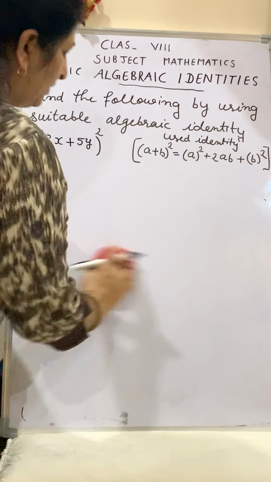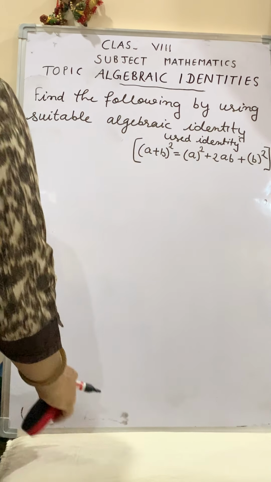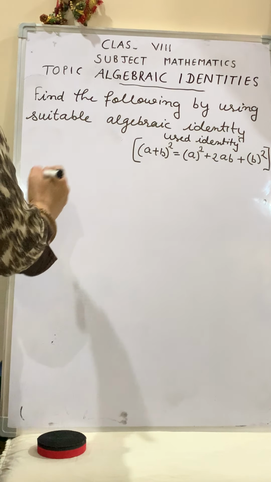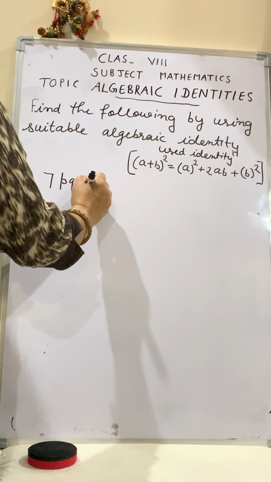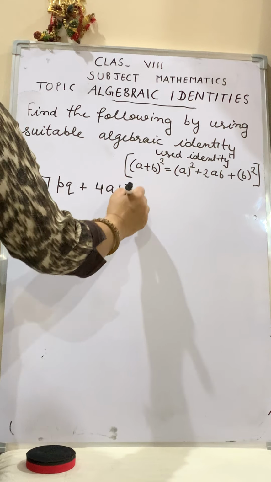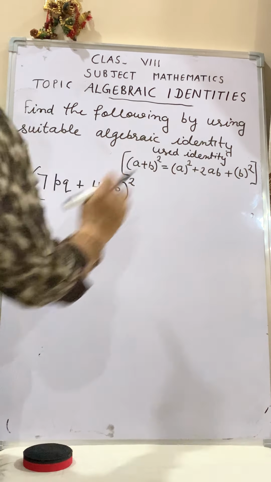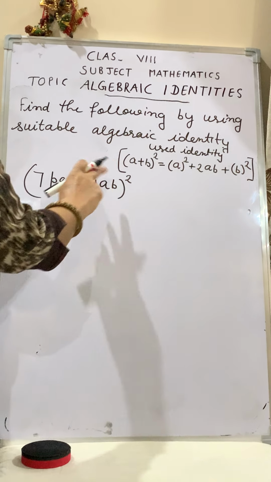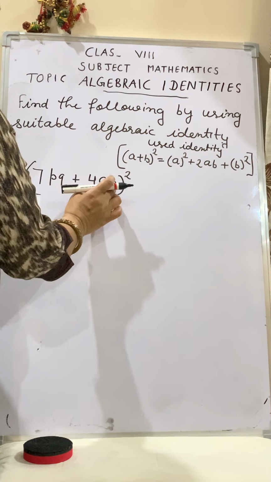Suppose you have to find out the whole square of 7pq plus 4ab. We will use the same identity here. What is a? a is 7pq, a means first number. And what is b? b means second number, 4ab.